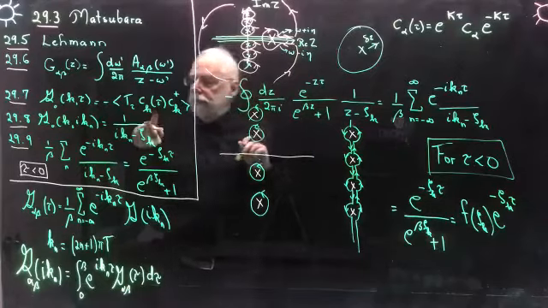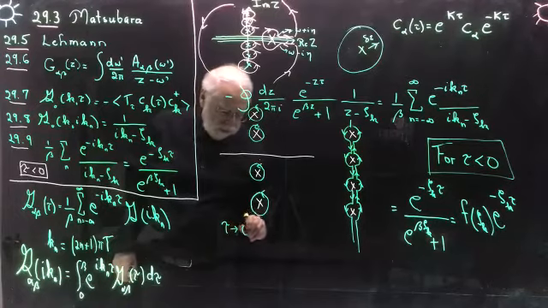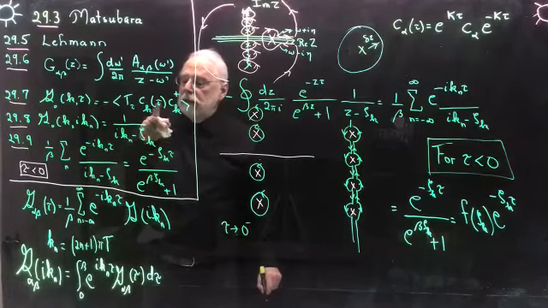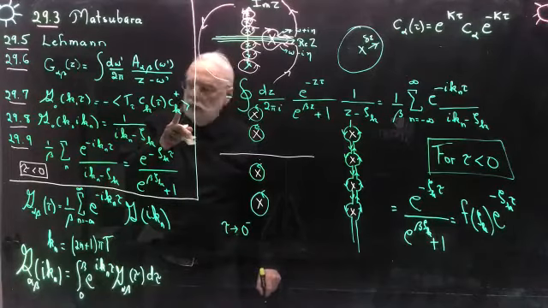Now, if you look at this definition here, when tau goes to 0 minus, okay? So I'm going to 0 minus, it means that I need to take this order. Okay.